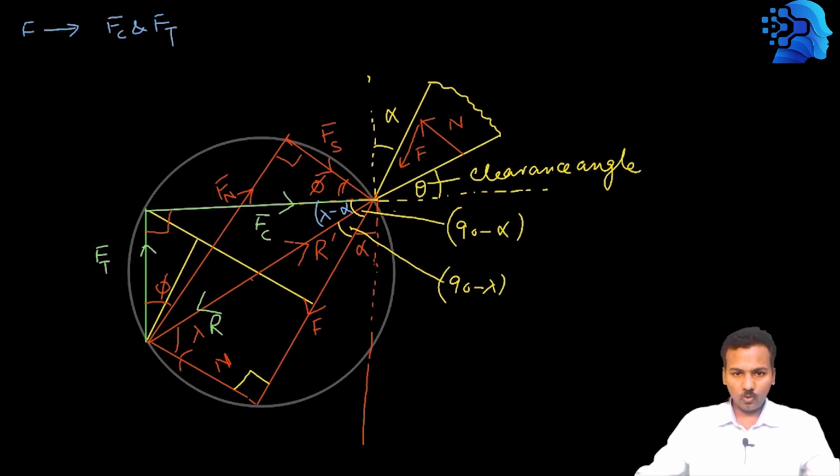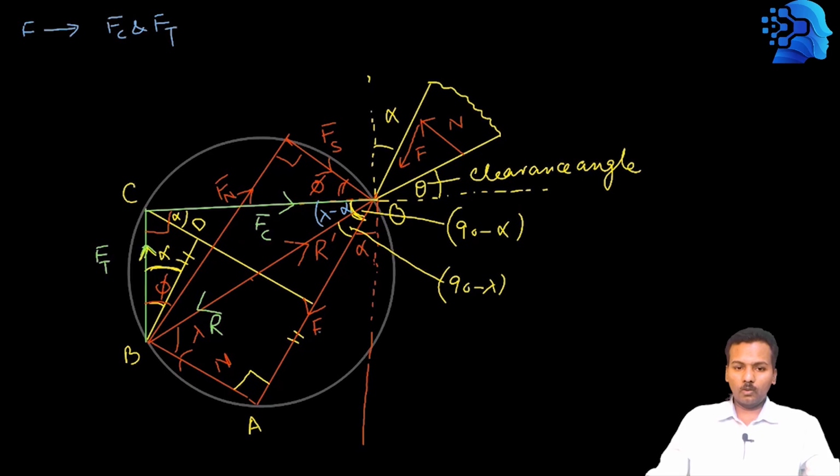This is O, A, B, C, this is D. As we know that this line is parallel to this line, and this is vertical line. As we already know, Ft in the vertical direction, this angle will be equal to rake angle of alpha, and we also here know that this angle is 90 minus alpha, so this angle will again equal to alpha.